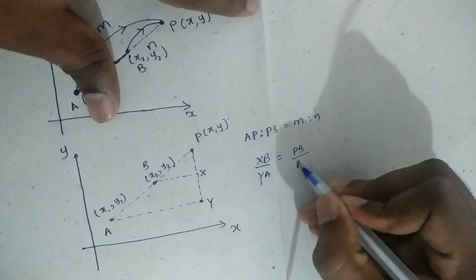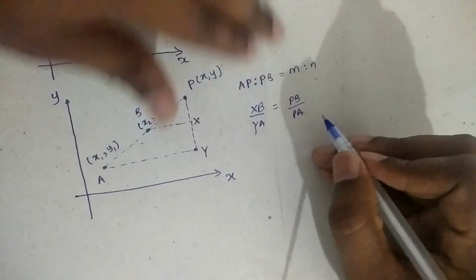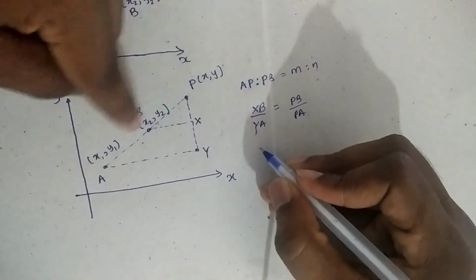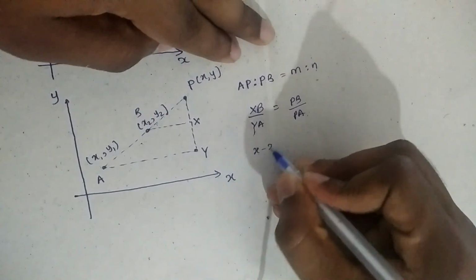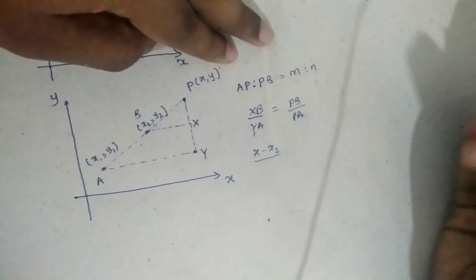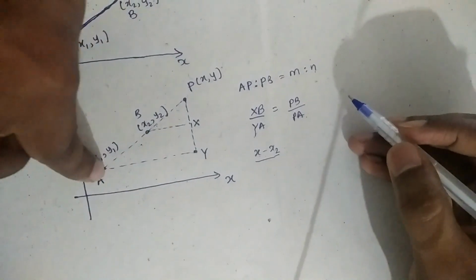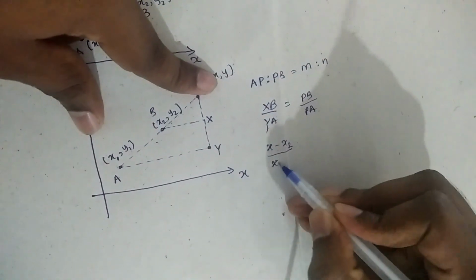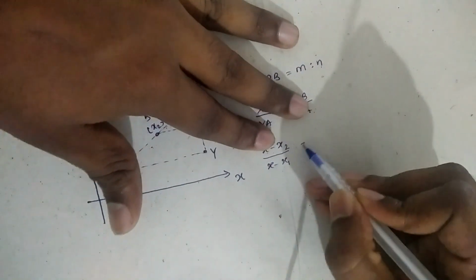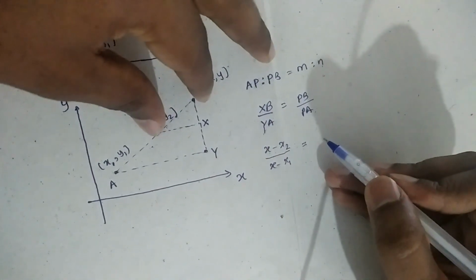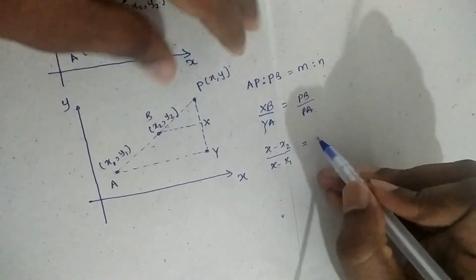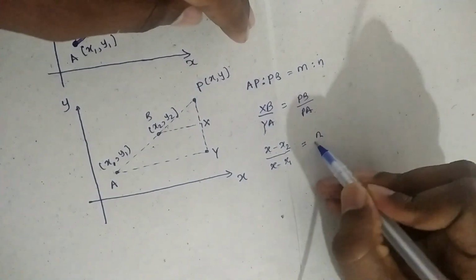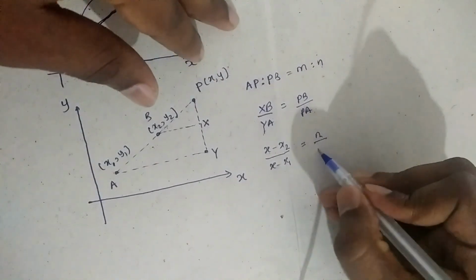What is XB? XB is x minus x2, divided by x minus x1, which is equal to PB over AP. PB is n and AP is m. These are what they have given you.